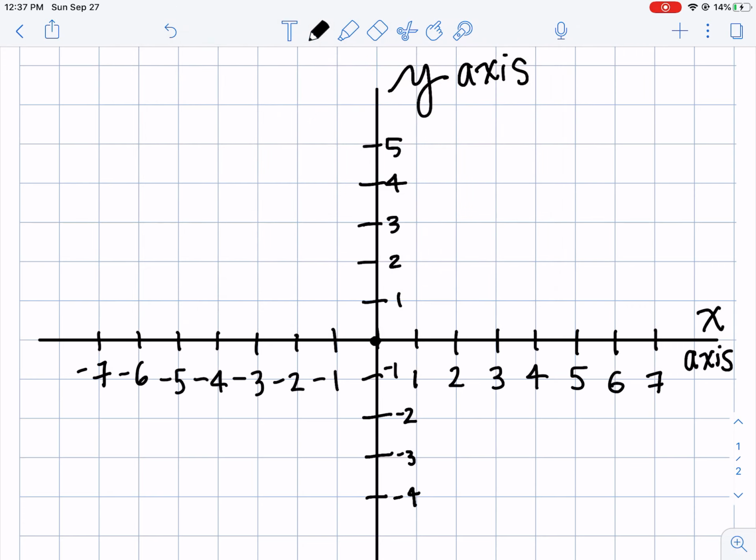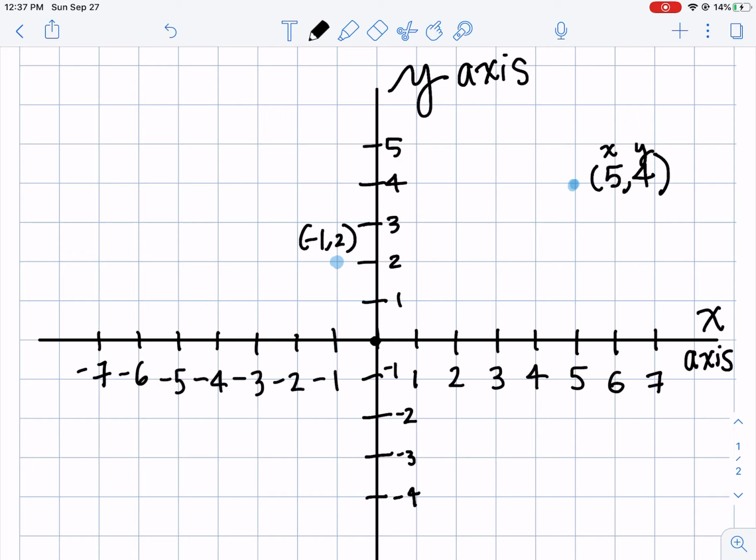If I want to, I can plot the point 5, 4: over 5 on my X, and up 4 on my Y. 5 represents how far I go over, 4 represents how far I go up. I could plot the point -1, up 2. There's the point -1, 2.